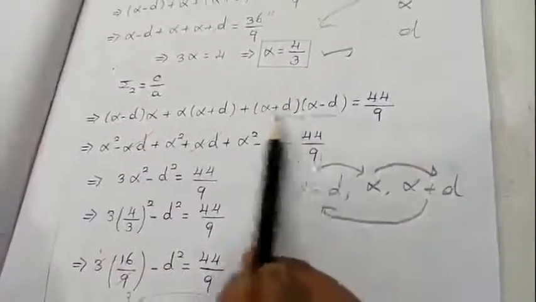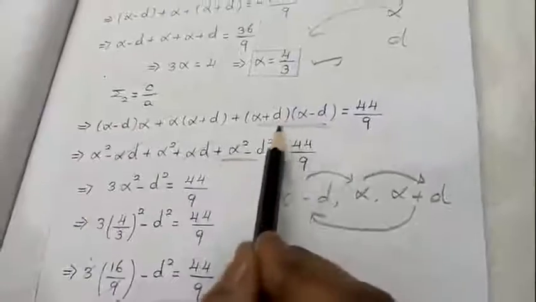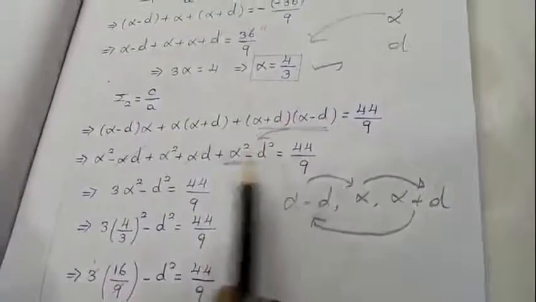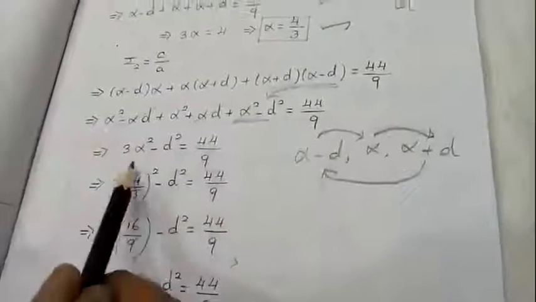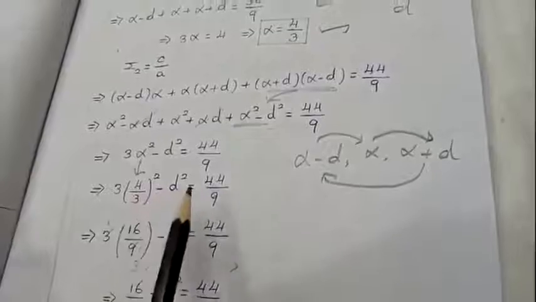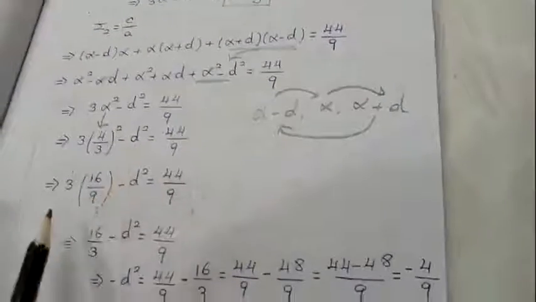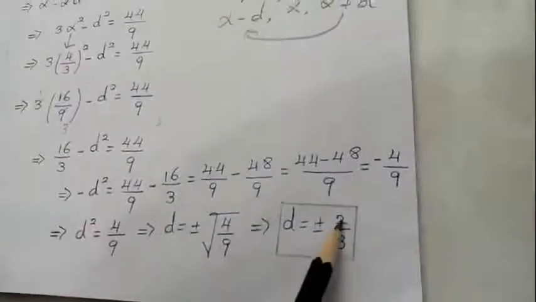If you see, it is in the form a plus b into a minus b, so I write this as a square minus b square. Simplify, students. In place of alpha, I replace the value 4 by 3, the whole square, minus d square equals 44 by 9. After simplification, I get the answer for d as plus or minus 2 by 3.